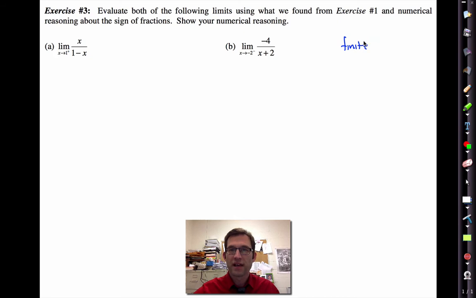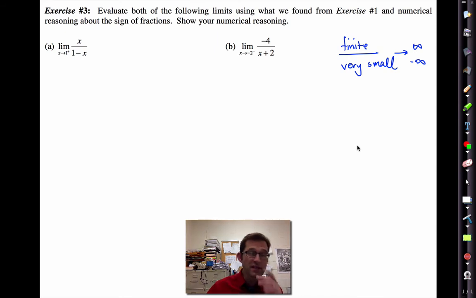Here we're dividing by something infinitesimally small, and so the result is getting infinitesimally large. It's either headed towards infinity or negative infinity.